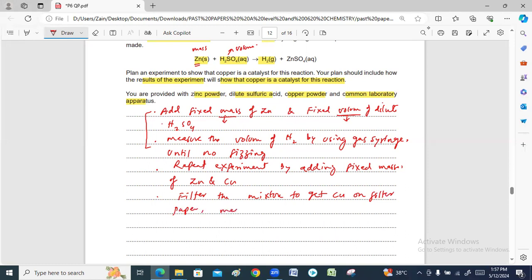Then measure the mass. Now, if the mass of the copper is constant, then we can say that it is used as a catalyst.